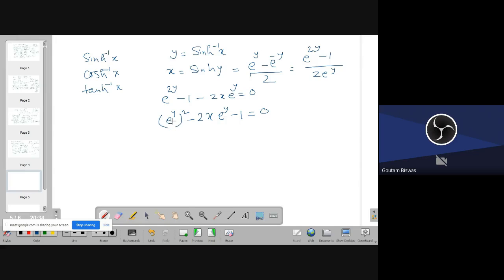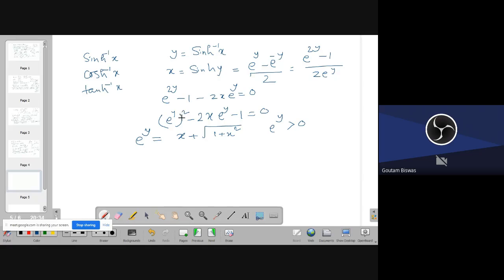Now this is a quadratic in e to the power y, so you can easily find the value of e to the power y here. Can anyone tell? Can anyone tell? I am writing it here: x plus root over 1 plus x square, because e to the power y is always greater than 0.